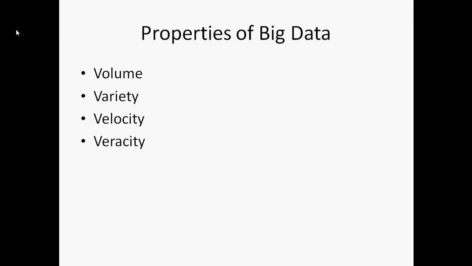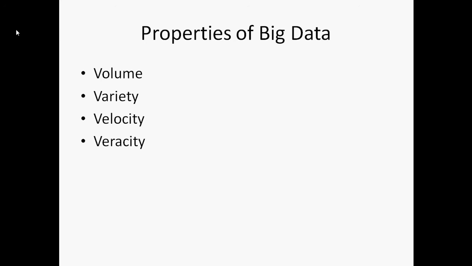You can think of it like this: if a data set satisfies these properties, then let's call it big data. So what are those four properties? First is volume, next is variety, then velocity, and then veracity. We'll discuss them one by one.